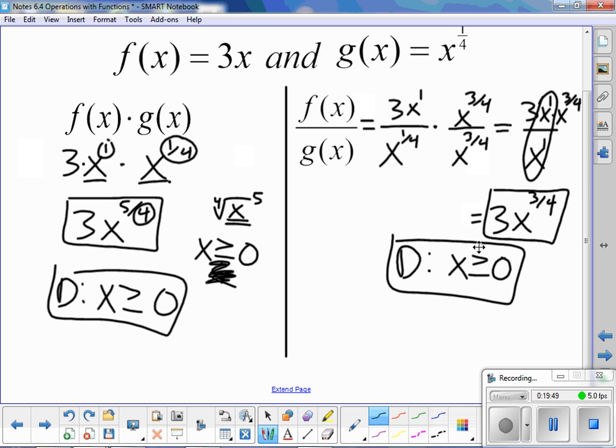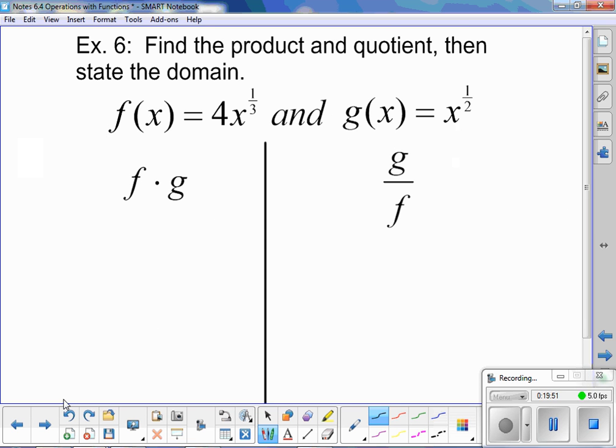Okay, last example. A little bit different here. So let's try this. Different notation, f times g. So my f function is 4x to the 1/3 times my g function is x to the 1/2.